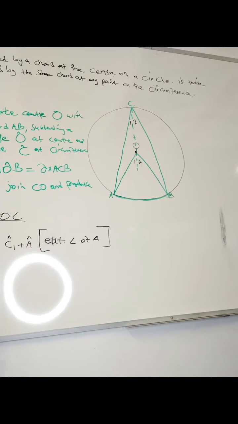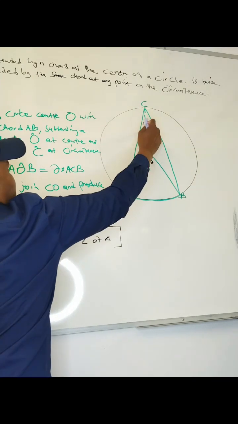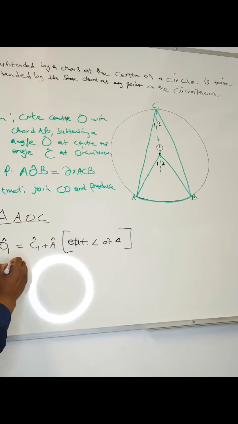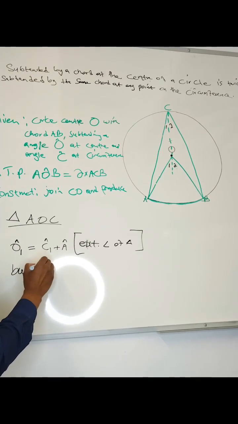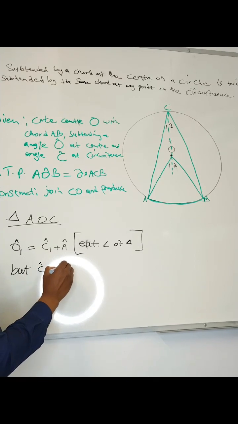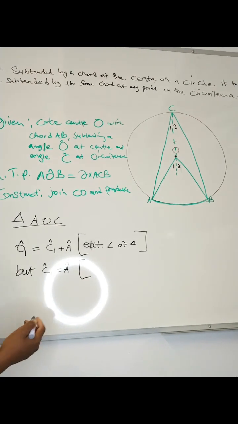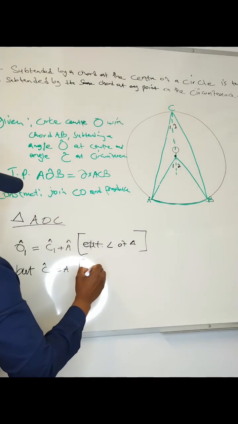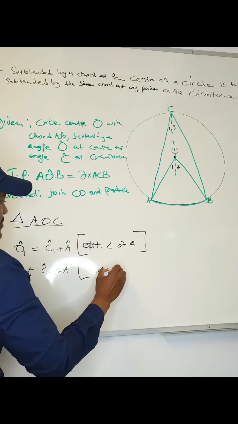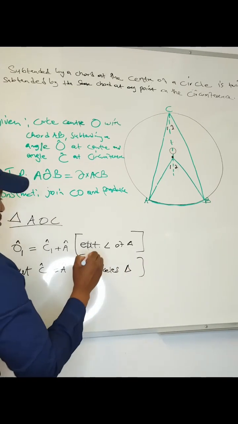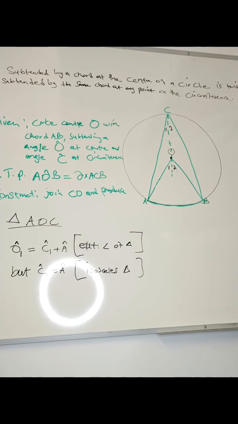Then what do you know about an isosceles triangle? Their base angles are equal. It means angle C1 is equal to angle A. What is the reason? You can say isosceles triangle. We will give you full marks. We know what you mean.